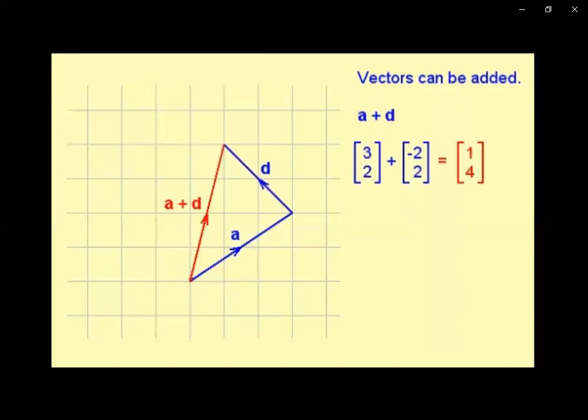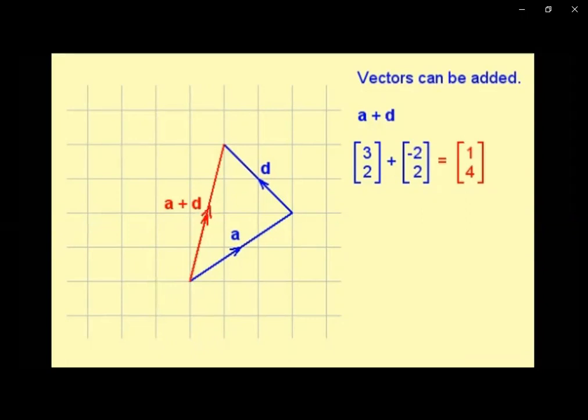When I add two vectors together graphically, I draw them nose to tail like this. We can see that going from here to here and then to here is the same as going from here to here. This is called the resultant vector. I've drawn it in a different colour, but on an exam paper it would be shown with a double arrow.